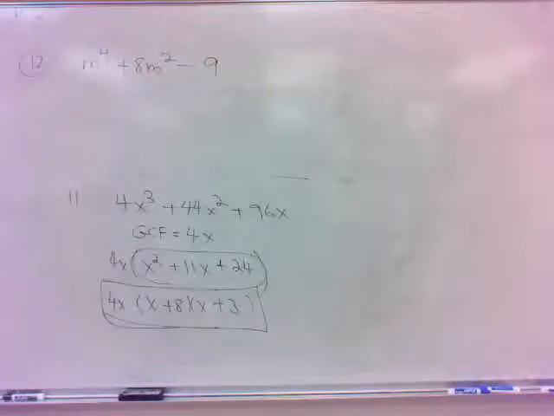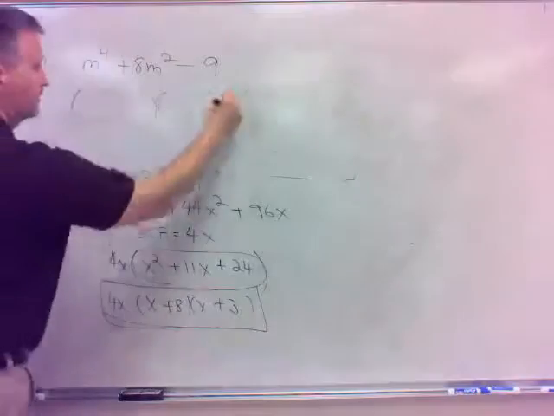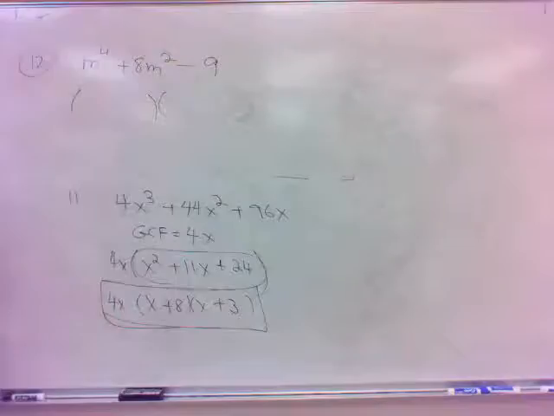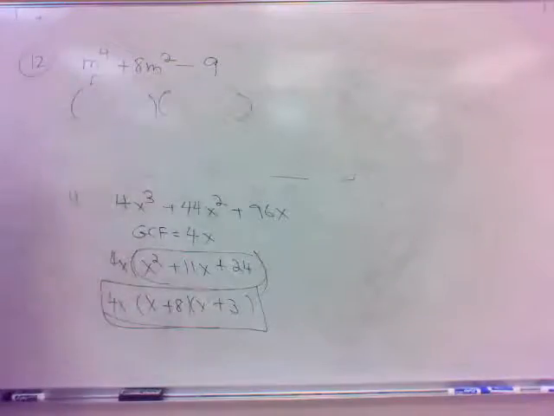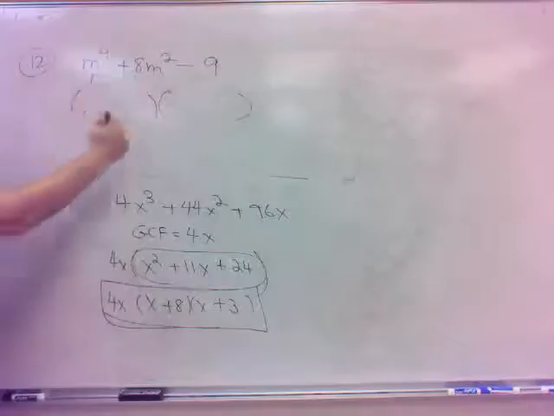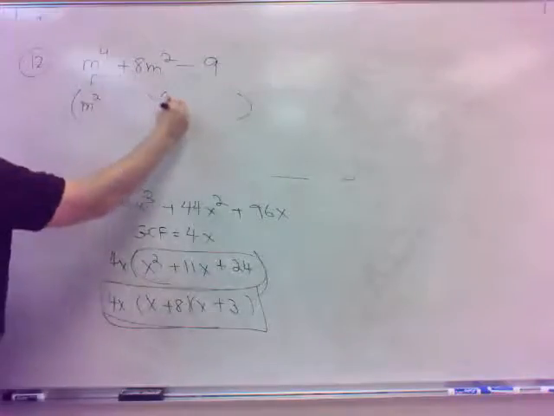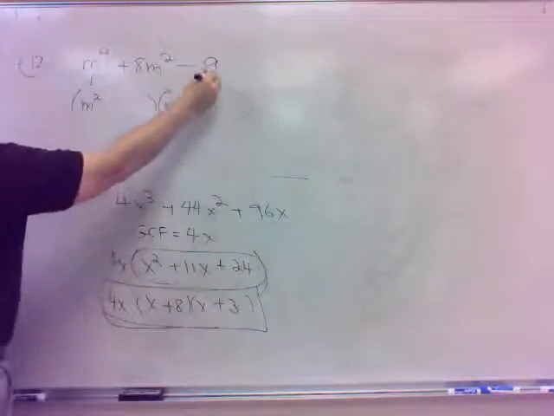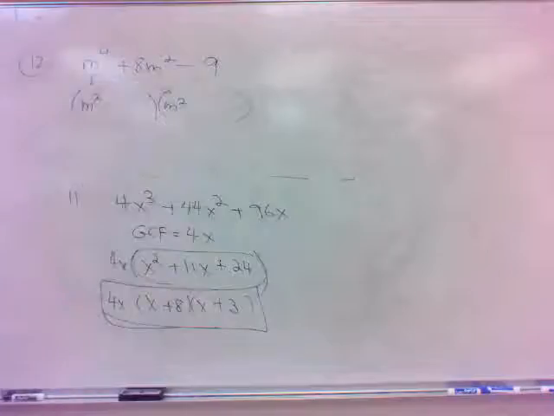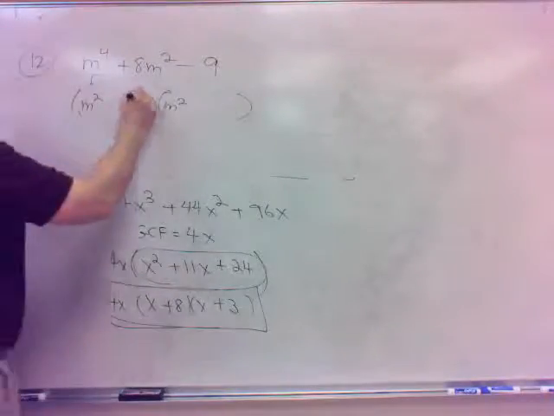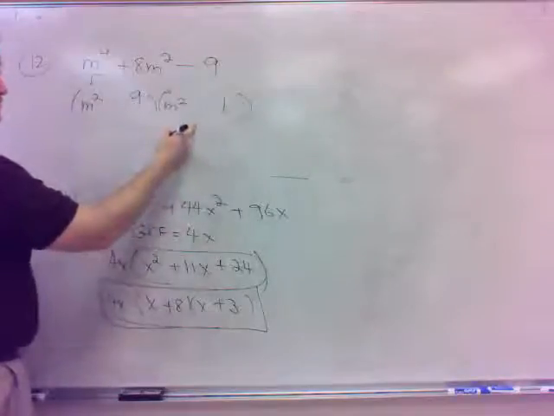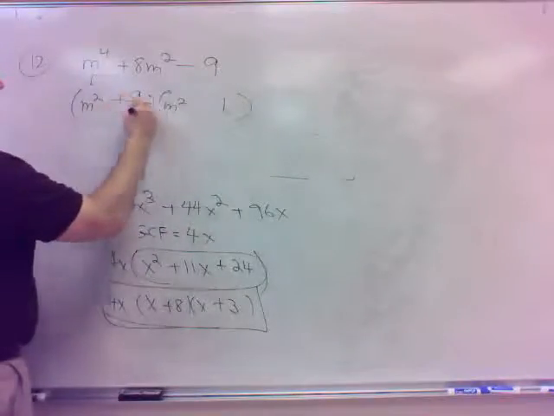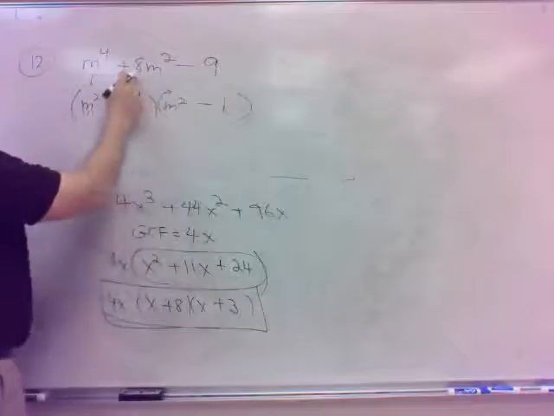However, it is a trinomial, so let's try doing this. And I can do this because it's m to the 4th now, so I just do m squared and m squared. Minus 9 with plus 8 in the middle, can I do that? Yes. How about 9 and 1? It is a negative 9, so one of them is negative, one of them is positive. Which one? Positive 9 and negative 1, because that adds to be positive 8.